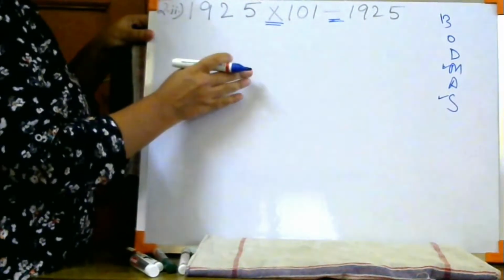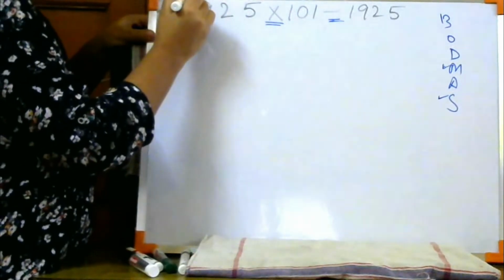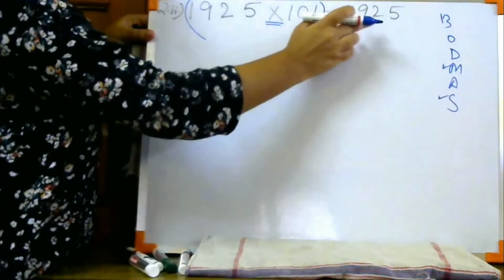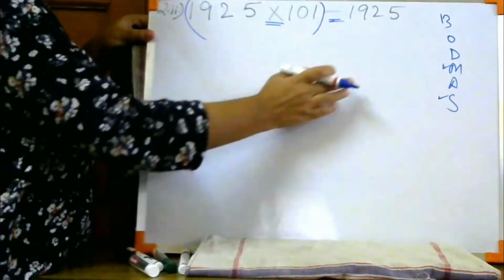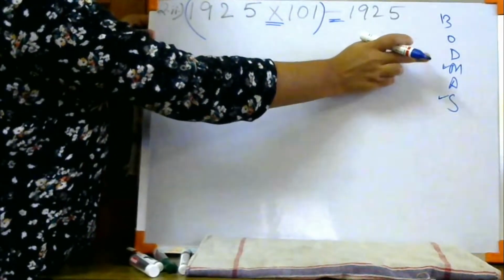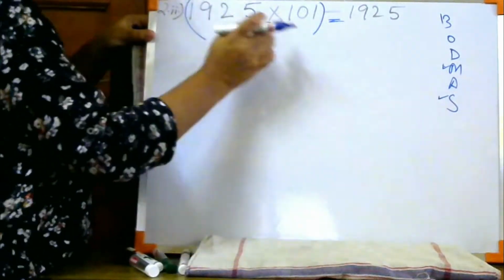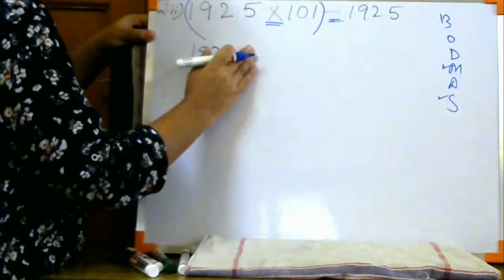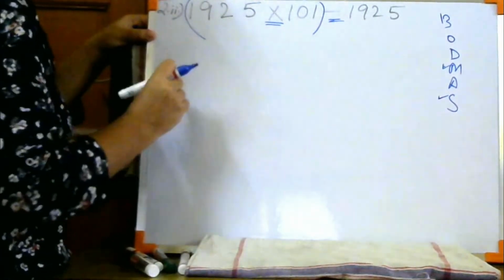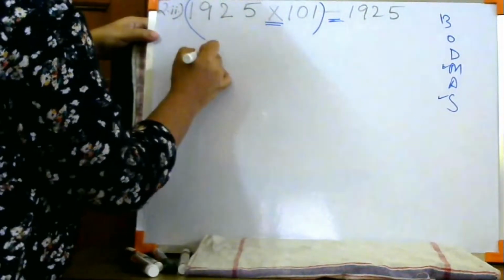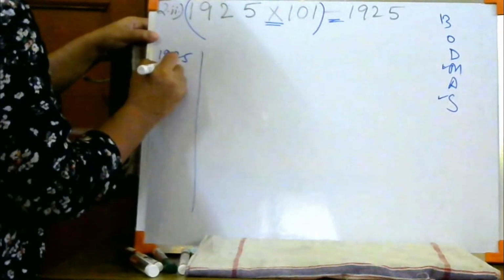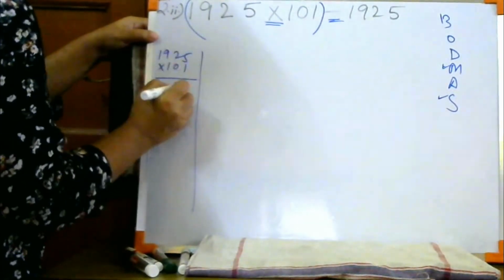Did you understand how to apply the BODMAS rule now? So we are going to multiply these two factors first, and then we are going to minus the answer with this 1925. According to BODMAS, multiplication should be done first, subtraction should be done at the last. Now, 1925, we are going to multiply it with 101. Let us do that. I am doing it over here in the rough work. 1925 into 101. You people also start solving.